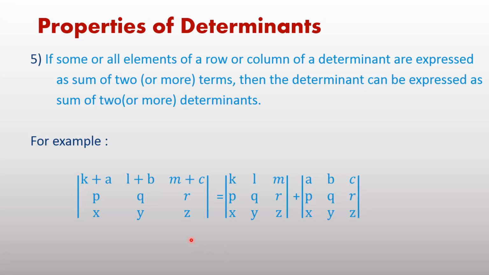You can verify it yourself. If all the elements of any row or any column are written as the sum of two numbers, then the determinant can be expressed as the sum of two determinants.